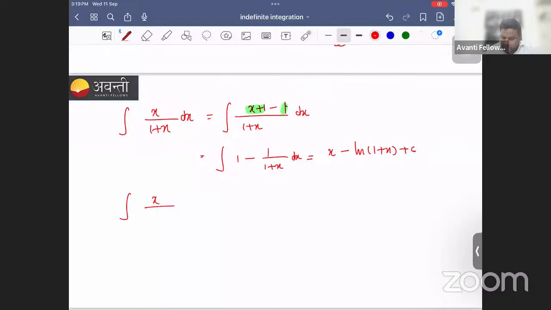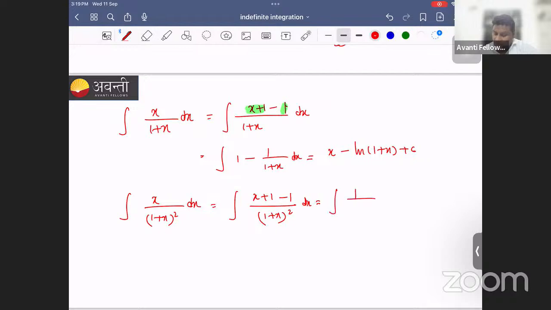See, we have a question like x upon 1 plus x whole square dx. Then what do we do? Again, the same kind of procedure. X plus 1 minus 1 upon 1 plus x whole square dx. Got it?